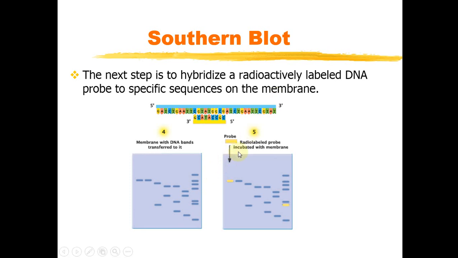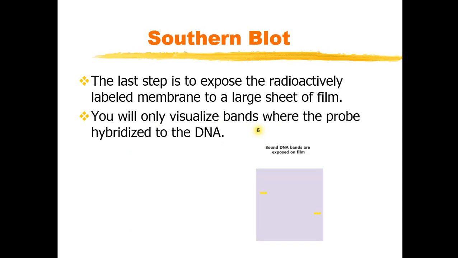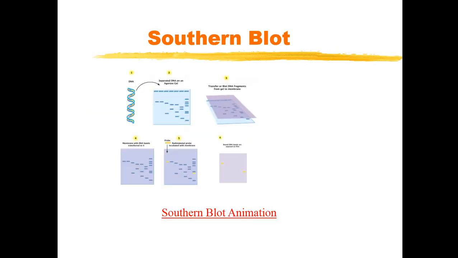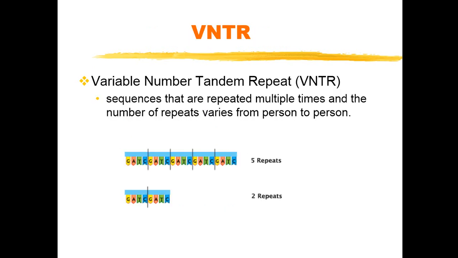Okay, so these probes bind here and here when incubated. The last step is to expose the radioactively labeled membrane to a large sheet of film. You will only visualize bands where the probe is hybridized to the DNA. Okay, this is the Southern blot technique.